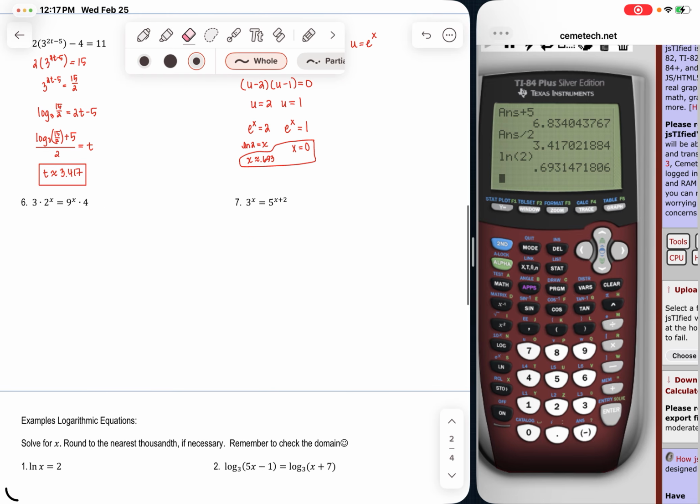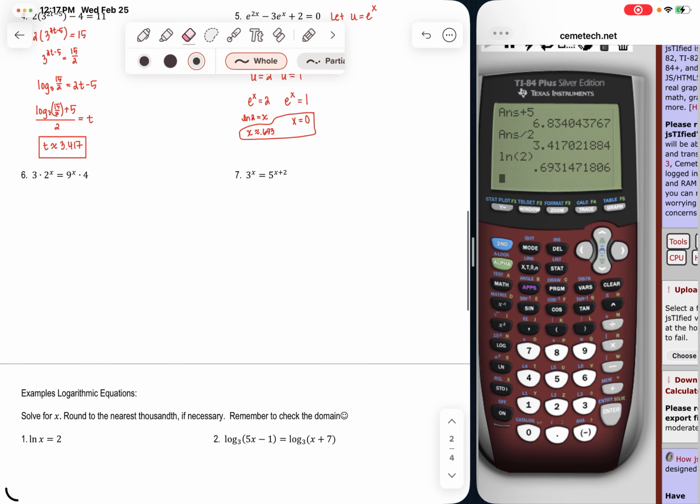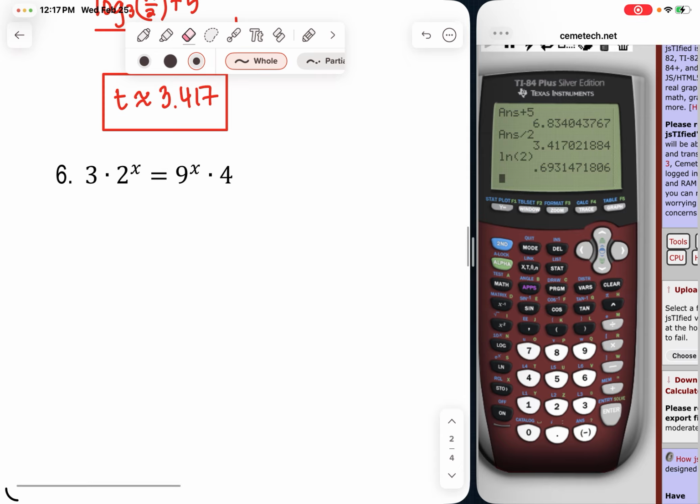Okay, moving on to the next one right here. There are a few ways of working with this problem. What I notice is that I have a 2 to the x on this side and a 9 to the x on this side, and I would like for both of those to be on the same side. It does not matter which side.